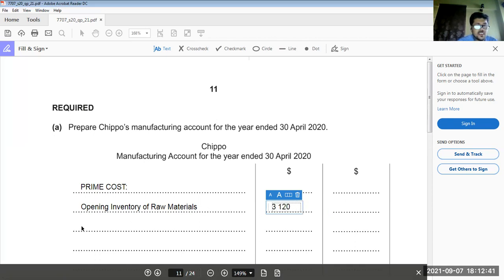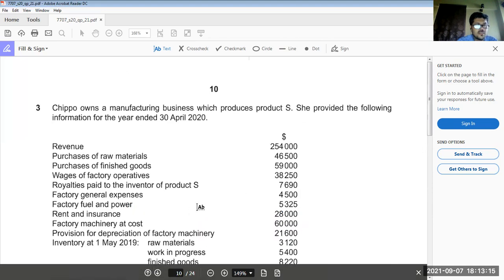3,120. Then we have to add purchases of raw material, which is 46,500. Done? Okay. Anything else for raw material?